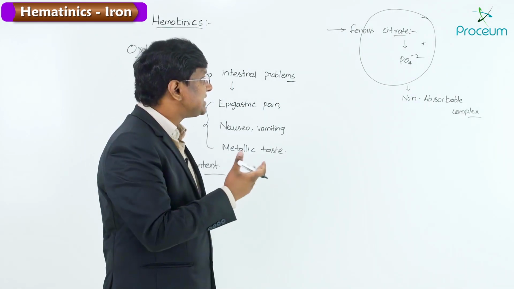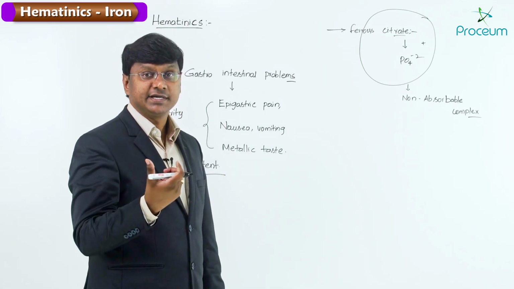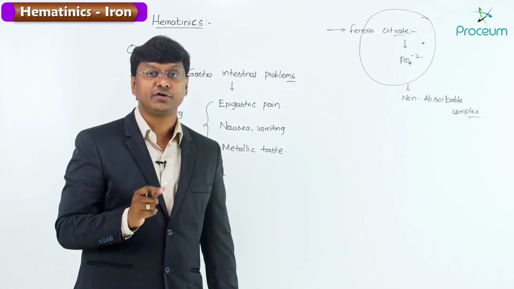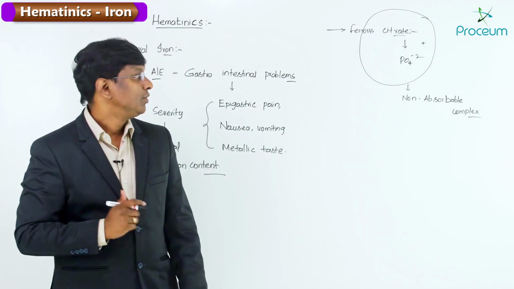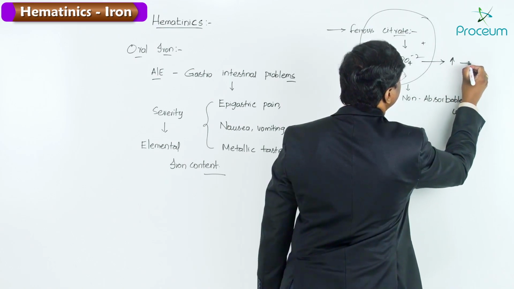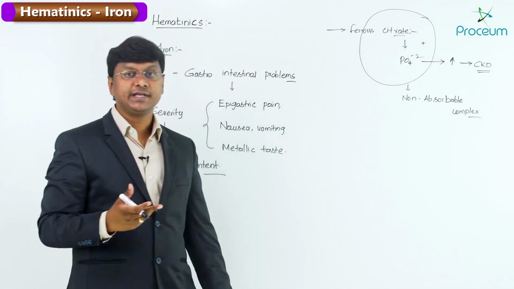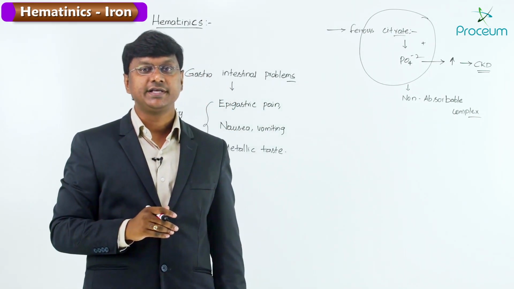Now, what is the advantage of the ferrous citrate? You need to know there are certain clinical conditions where you can have the development of hyperphosphatemia. What are those conditions? That is in patients with chronic kidney disease. In chronic kidney disease, the glomerular filtration rate is reduced.